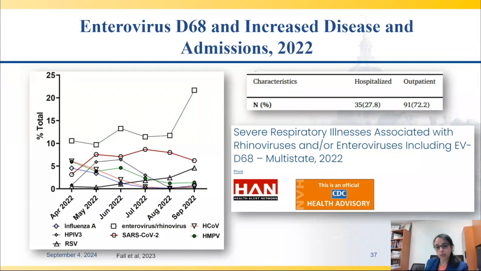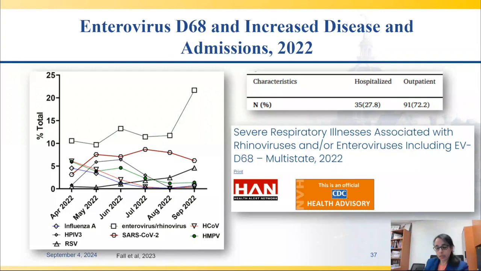This was consistent with national reports of outbreaks of severe illness and admissions. Specifically, I am showing that the admission rate in our system in 2022 was more than 27% of the total infections with enterovirus D68.